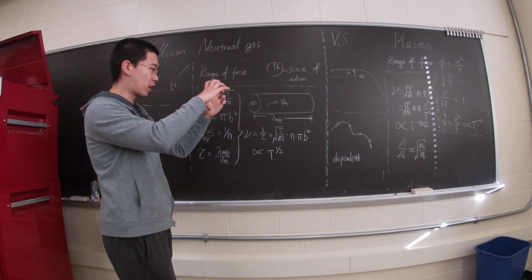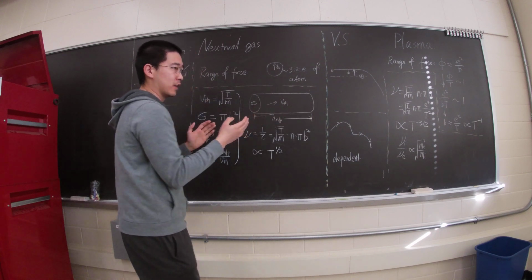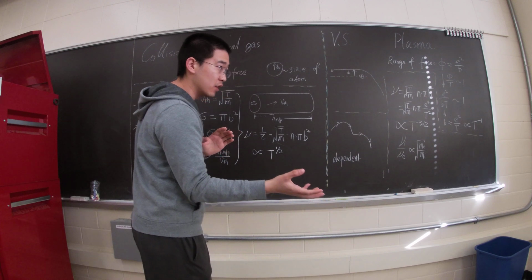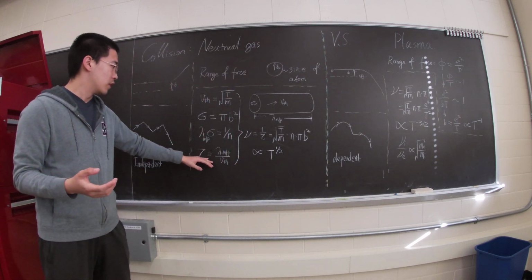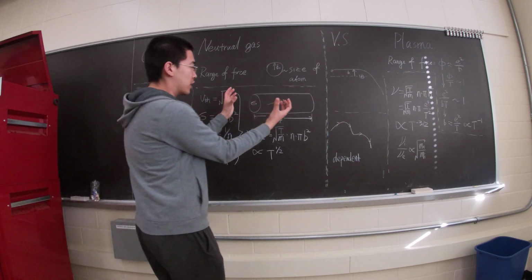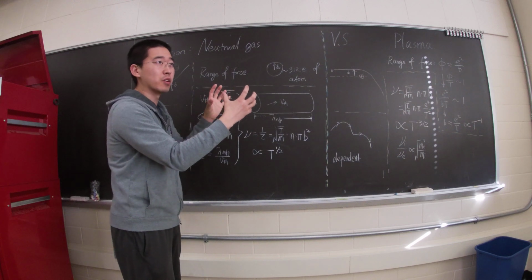So that becomes the target. The mean free path is the length the particle can move freely without a single collision. We can think of it as within a certain volume, there will be only one particle.